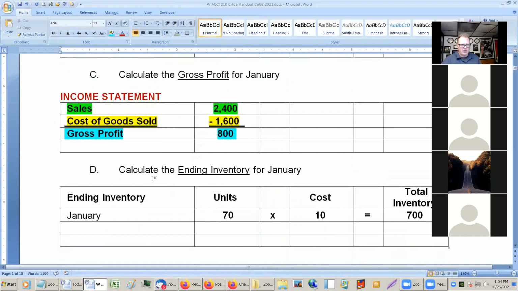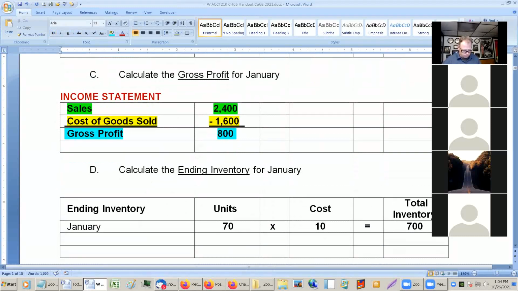And down here, this would be on our balance sheet. The ending inventory, this would be an asset. So we still have stuff to sell.